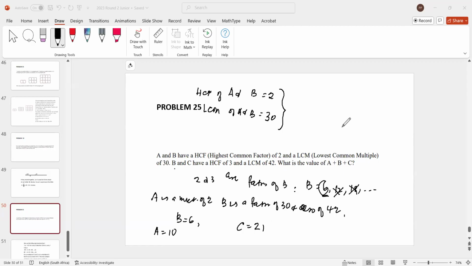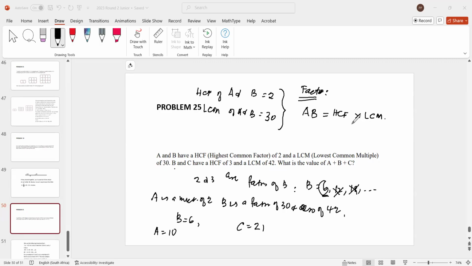I was going to say something here, a very important fact. If you use this one here, this works out very quickly. If you take any two numbers and multiply them, the product is always equal to the HCF times the LCM.